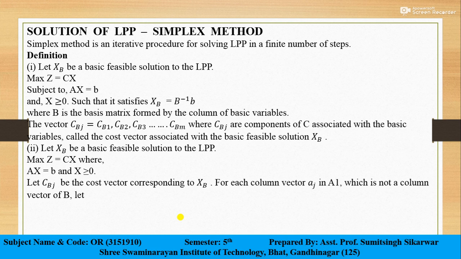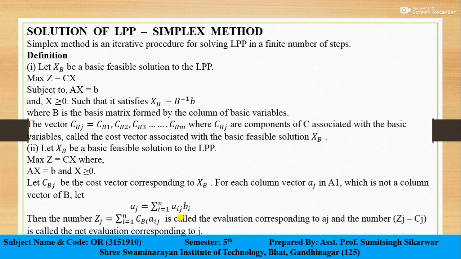So our aj can be written as aj equals the summation of the product of aij into bi, from i equals 1 to n. Then the number zj, whether it is profit maximization or cost minimization, is given by the sum from i equals 1 to m of cbi into aij.